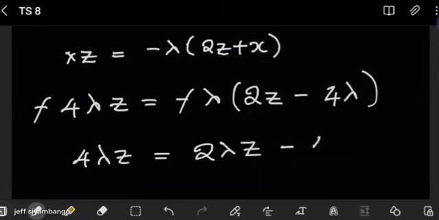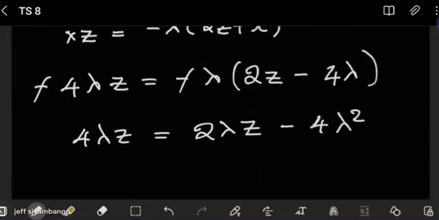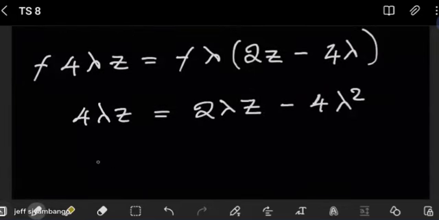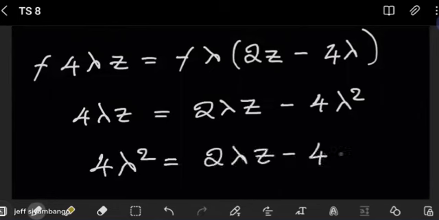This will be minus 4 lambda squared. At this point, lambda can cancel once because we're just trying to simplify this anyway. Or I can say this goes to the left, the other one goes to the right. We end up with 4 lambda squared. On the right side, we're going to have 2 lambda z minus 4 lambda z.